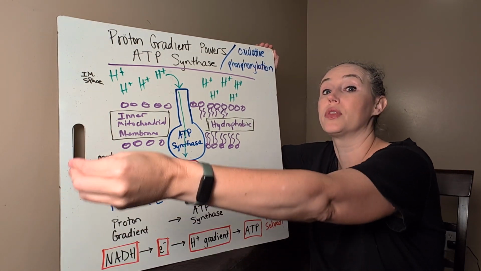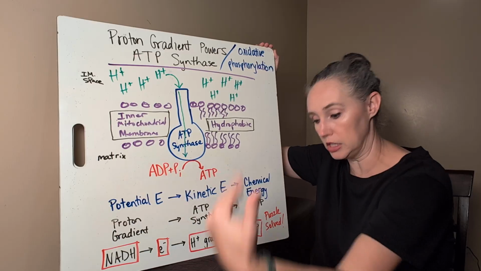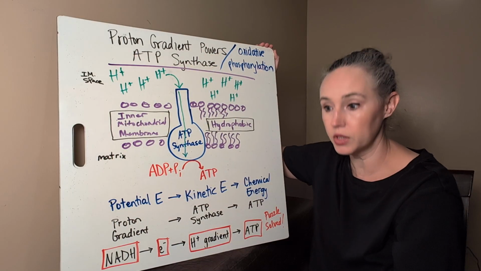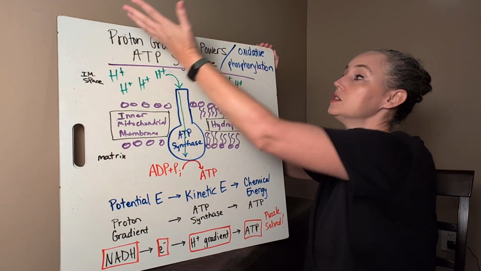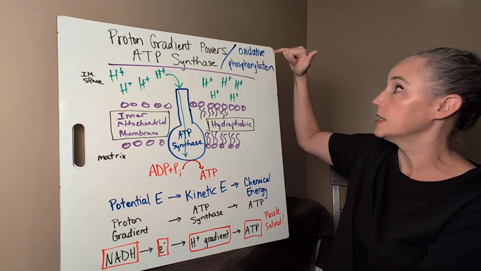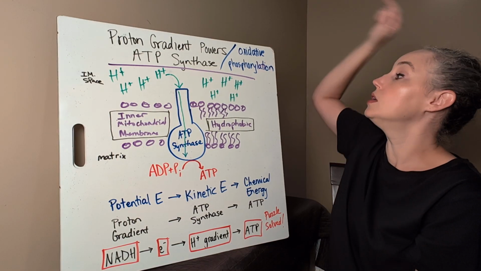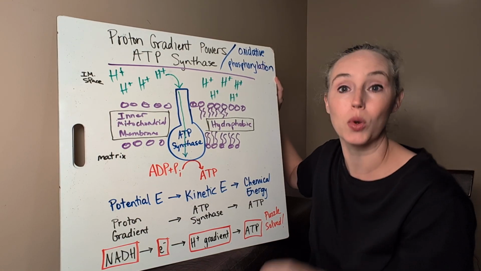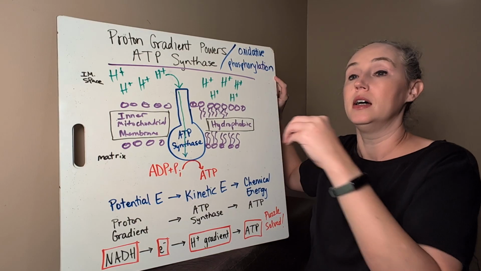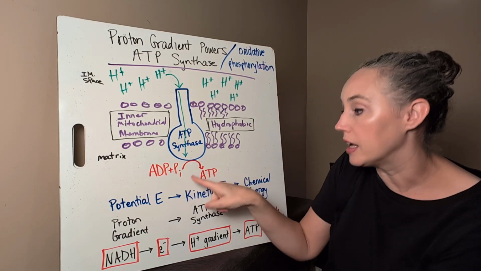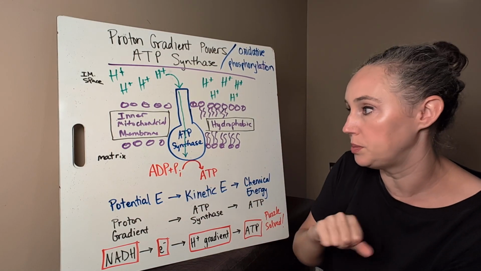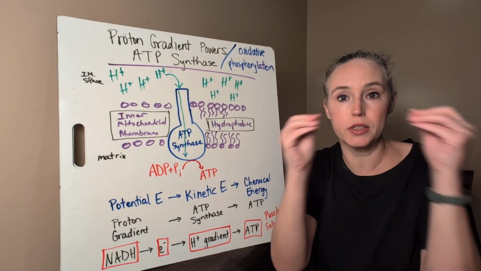So the donation of electrons and electrons moving through the electron transport chain to create this gradient is giving us the energy to phosphorylate or stick a P on it, to add an inorganic phosphate to an ADP. But it doesn't do it directly.